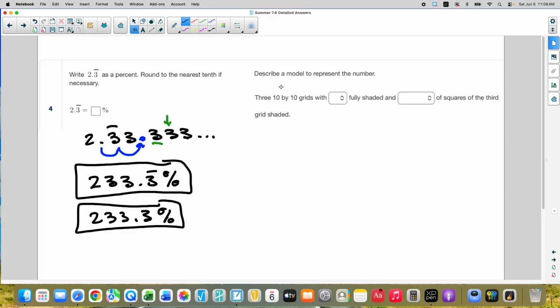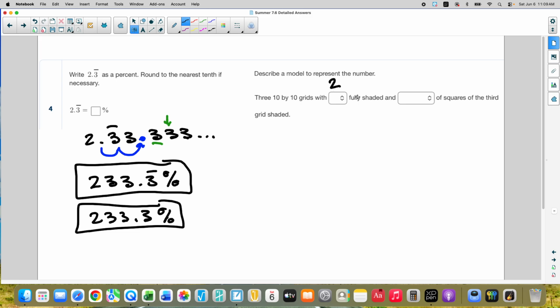And if we had to describe the model with 233 fully shaded blocks and 1/3 of the squares of the third grid shaded. Oh, got it. Sorry. They're saying how many 10 by 10 grids would you have shaded? We would fully shade 2 of them.